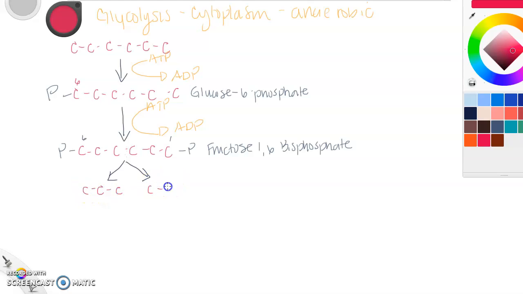Carbon, carbon, carbon, carbon, carbon, carbon. And each one of them has a phosphate on it.